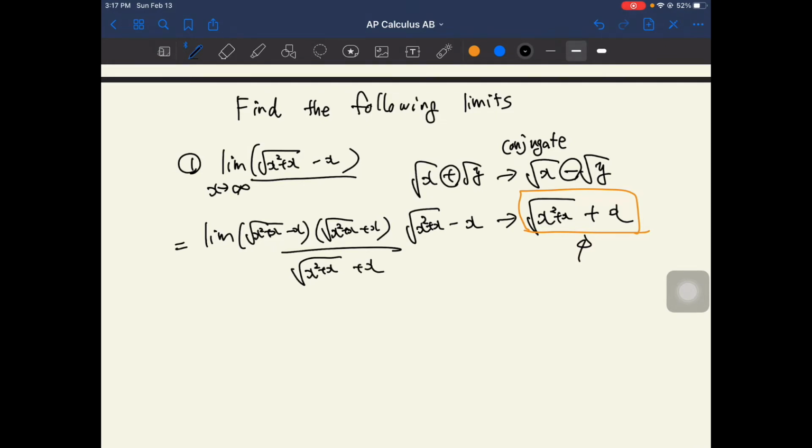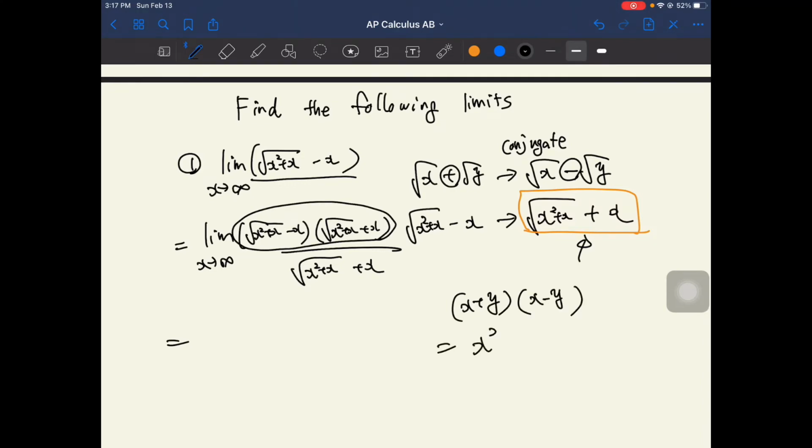Okay. Then you can expand this one because x plus 1 times x negative 1 is going to be x squared negative y squared. That's why you multiplied the conjugate here, because you wanted to make it squared negative squared.